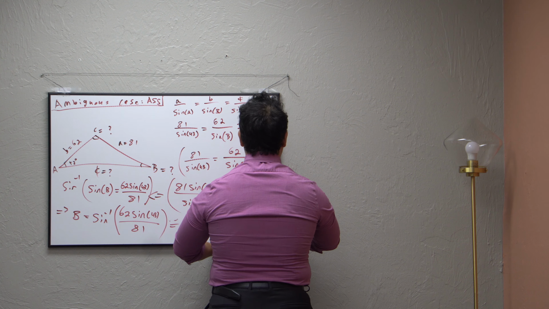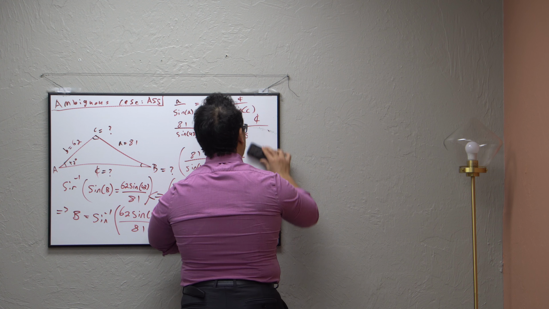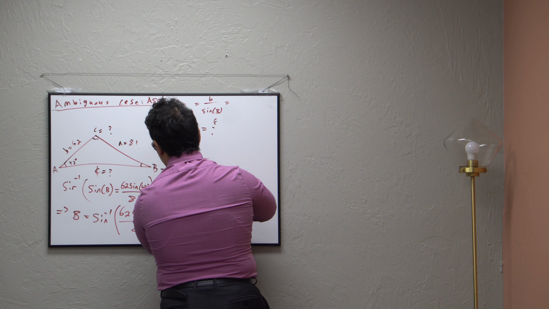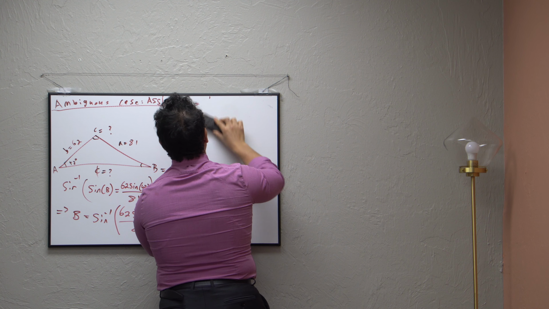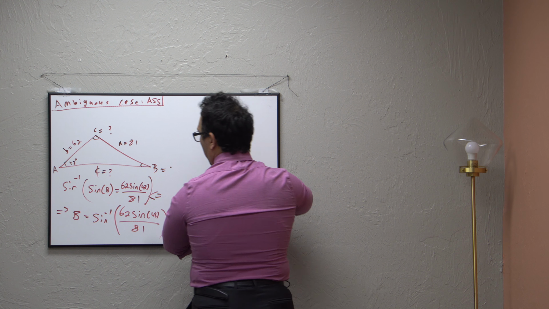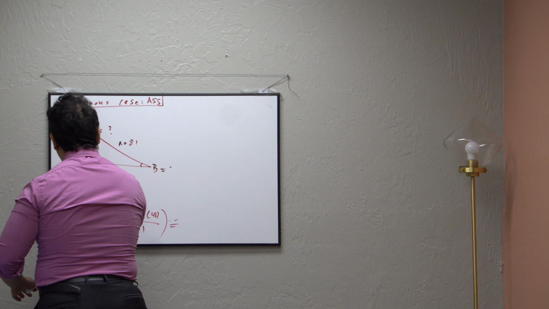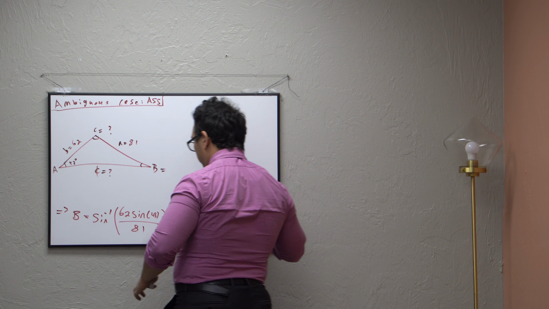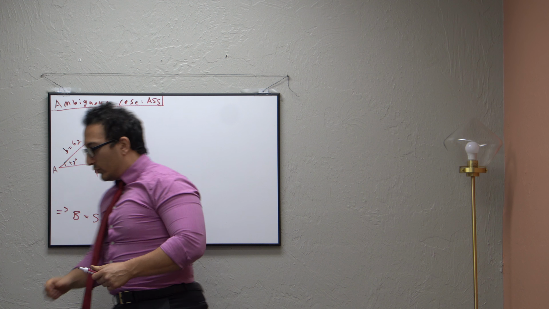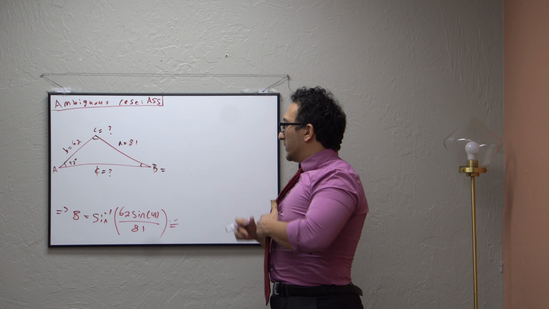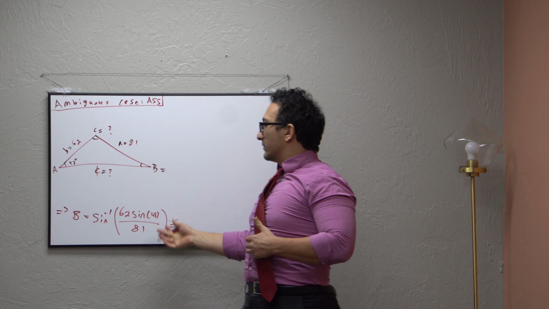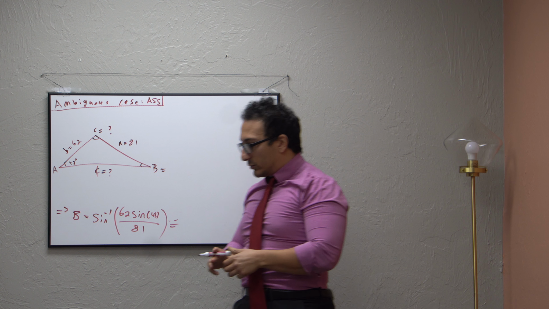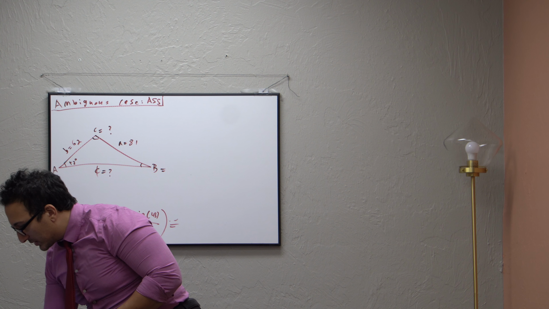And so I'm going to clear up some real estate. Getting a little claustrophobic in here. We'll clear up some board space so that we can continue our quest to solving this problem. Whenever you plug in what sine of 43 degrees is, multiply times 62 divided by 81, and then take the sine inverse of that, your calculator will output a special value.